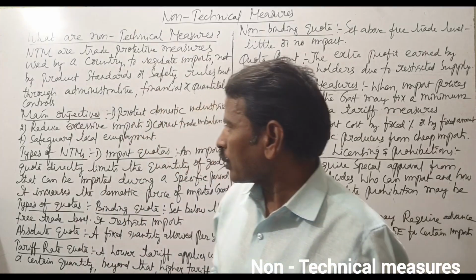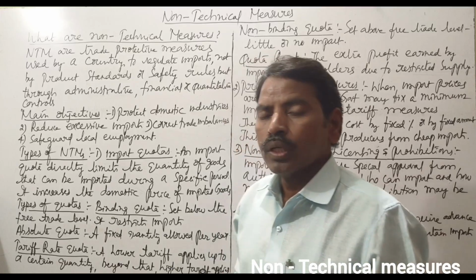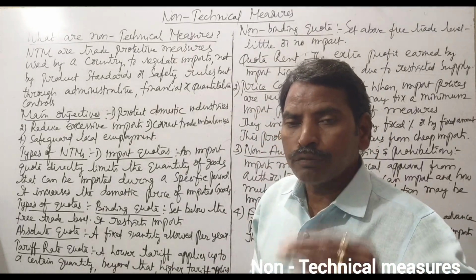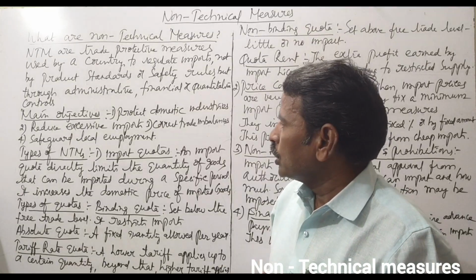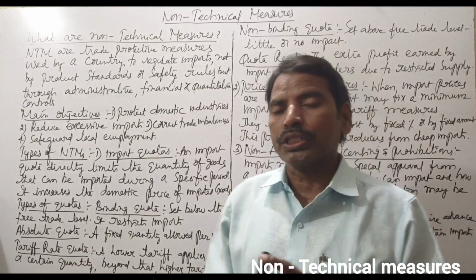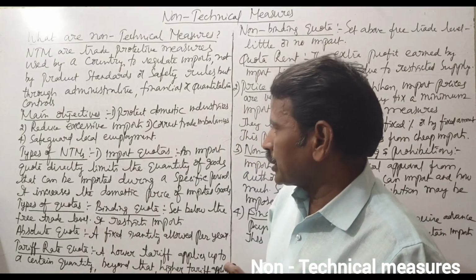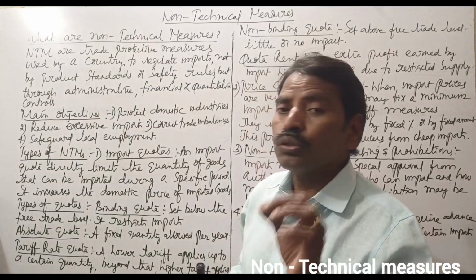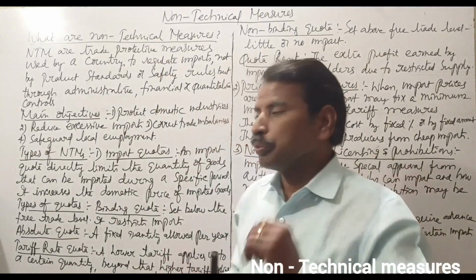Next, what are the main objectives of non-technical measures? One is to protect domestic industries. Second, to reduce excessive imports.